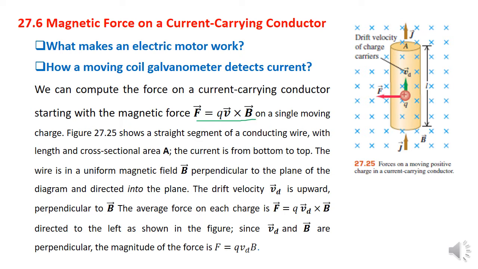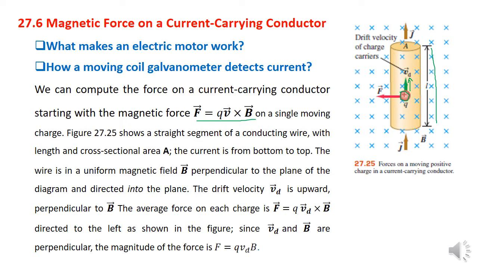Here we consider a conductor which has a length L and cross-sectional area A, and we assume there is a positive charge Q inside the conductor moving with velocity v in the upward direction, so it has a drift velocity v in the upward direction.